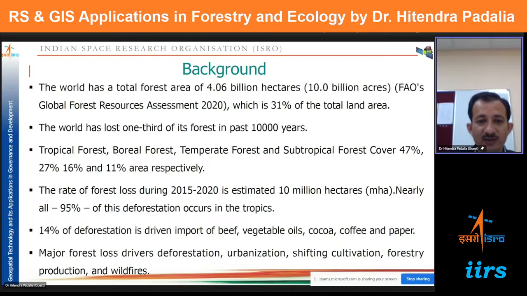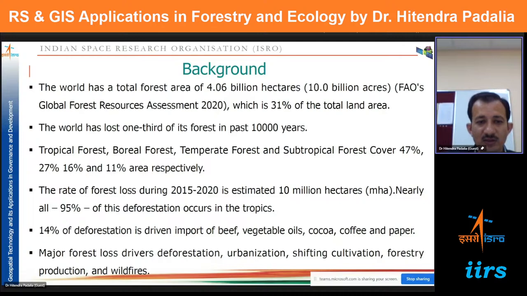Then we have forest fragmentation, which is causing loss of contiguity of wildlife. Apart from climate change, we have many other factors which are causing the deterioration of our natural wealth, that is forests, grasslands, woodlands, and the range of ecosystem services these entities provide to human beings.